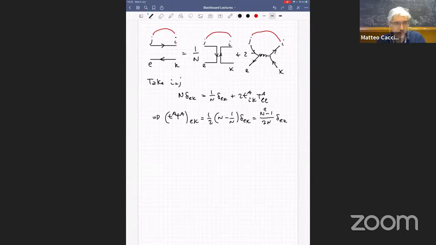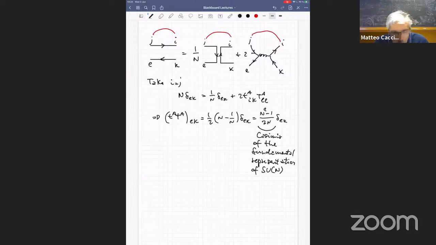This is a useful relation because, without going too much into group theoretic arguments, this is essentially one of the Casimir operators of the group SU3, a quadratic operator, TA TA. So this is called the Casimir of the fundamental representation of SU3, or of SUN, given in this form.